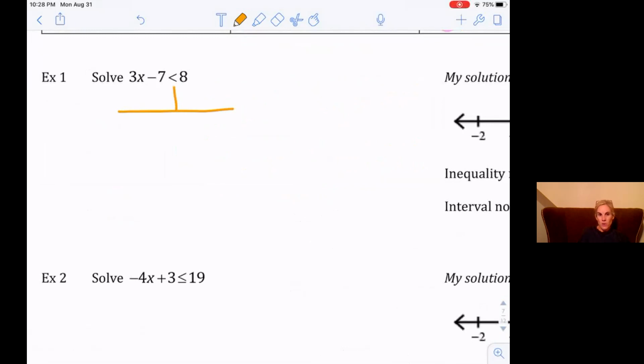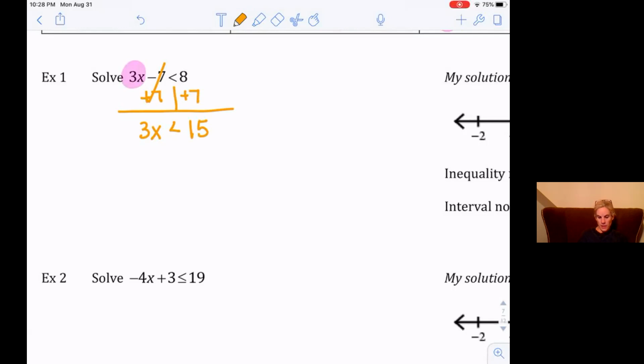Our goal overall for this problem is to isolate x. Right now, 3 and x are being multiplied together. So the first thing I would need to do is get rid of that minus 7. Using inverse operations, I would add 7 to both sides. And then I get 3x, just bring down your inequality of less than, and that would be 15.